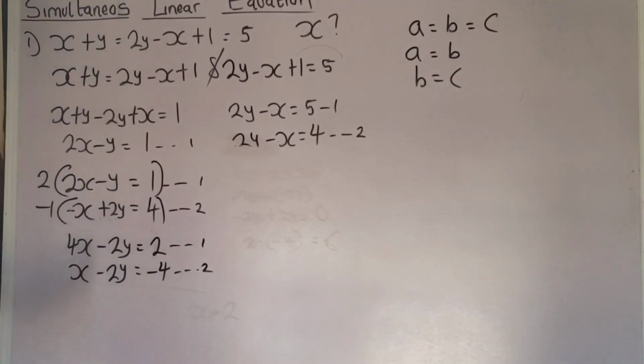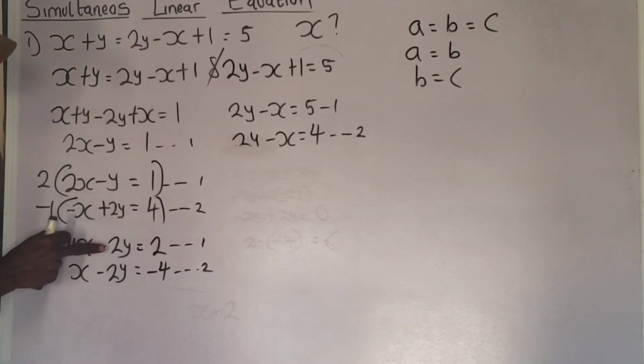The next step is to subtract equation 2 from equation 1. The reason why I'm subtracting is because the sign before the coefficient of y in both equations is negative. Please pay attention. All this we've learned in our previous class. If I add both equations, I won't be able to eliminate y.